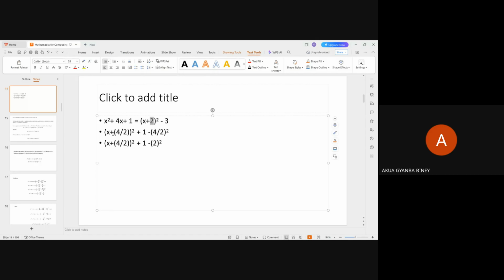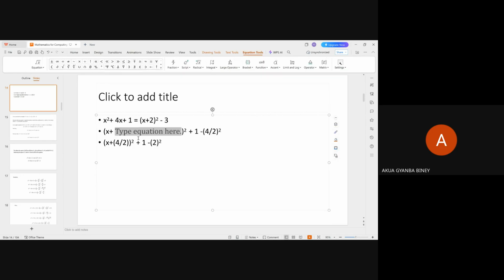If I had a better way, if I remove this, that means I need to set the coefficient. So this would have been the 4 over 2.